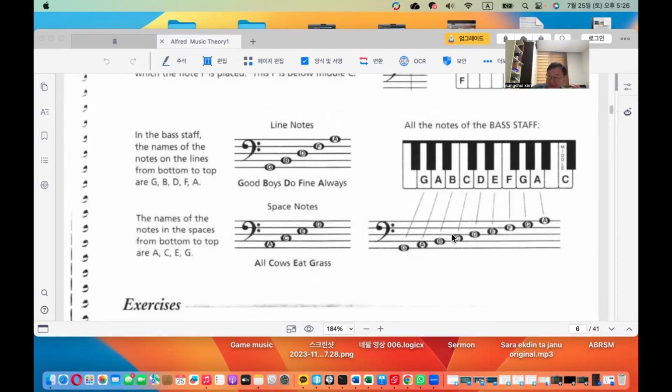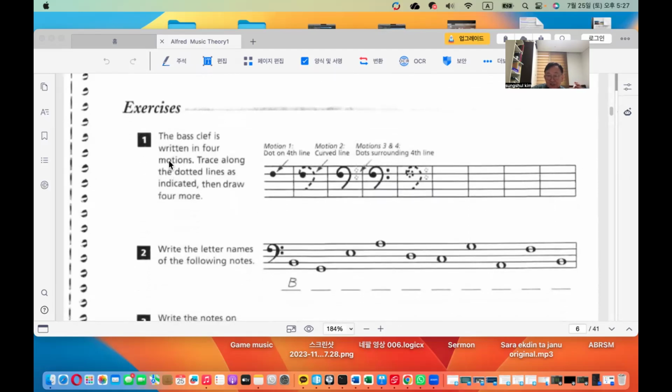G, A, B, C, D, E. Also, this is A, B, C, D, E, F, G. Repeat. From here to here, one octave. So we can express one octave lower range right here, and one octave higher range right here.